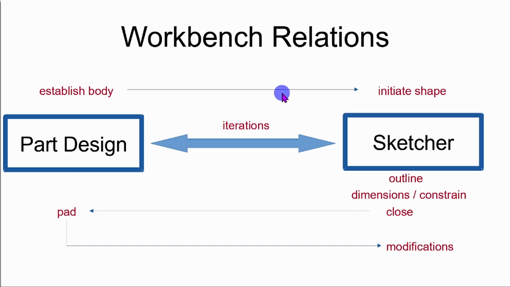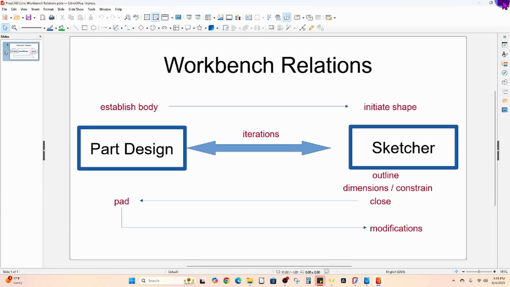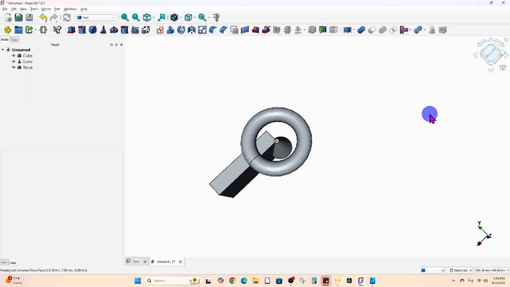Just opening up part, going into Sketcher, setting the outline, dimensions, constraints, close it, go to part design, do the pad, modifications, and then that's it. So hopefully that was helpful for those that love to learn visually, like I do. Okay, so here we are. We're back at FreeCAD.